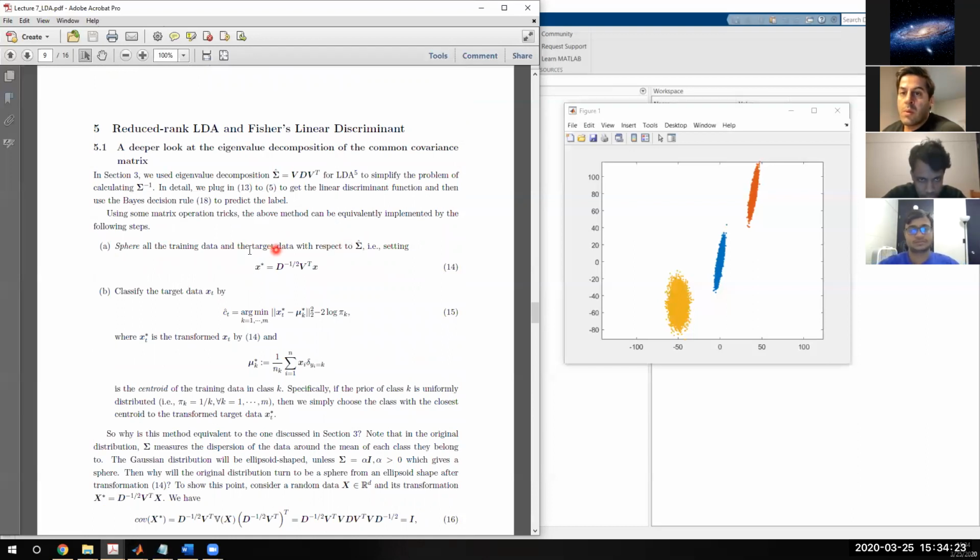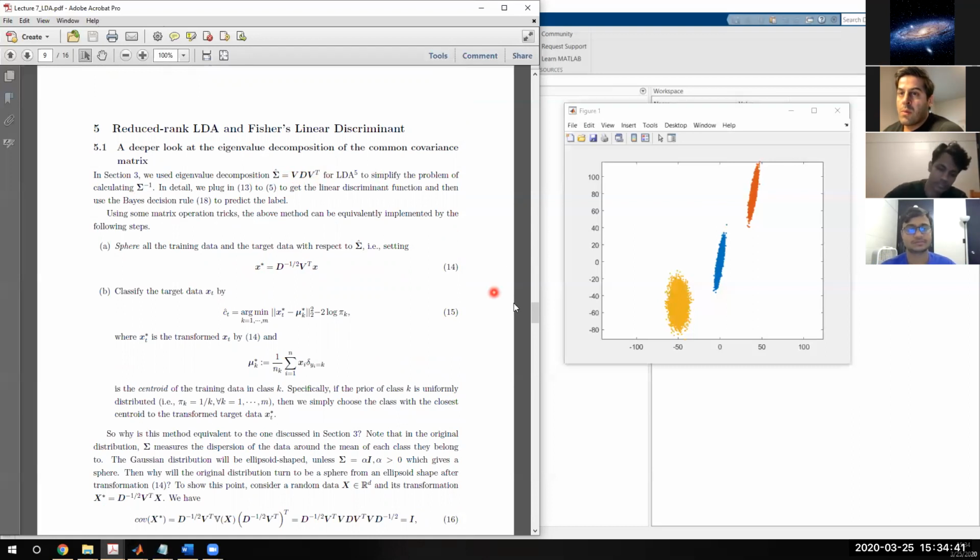And for the target data, for a given x, I'm going to set x star equal to D inverse of a half times V transpose. This D and V transpose are from the eigenvalue decomposition of the sigma hat.